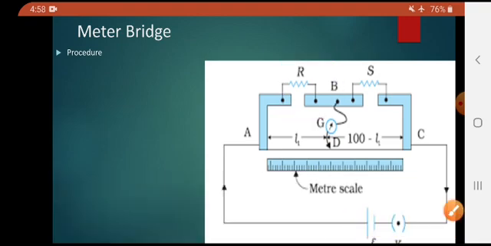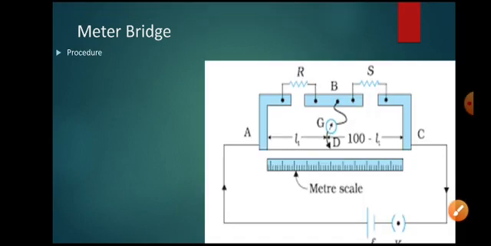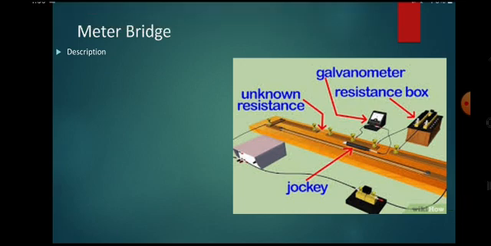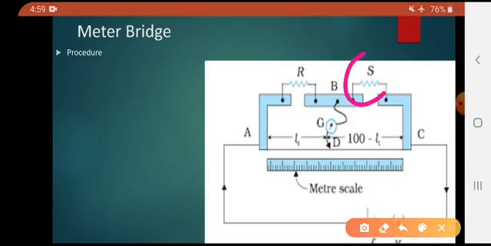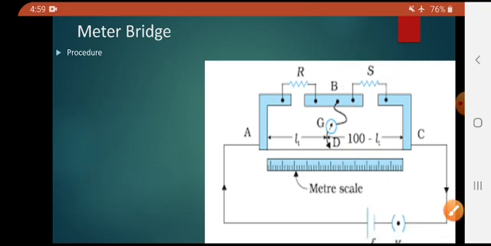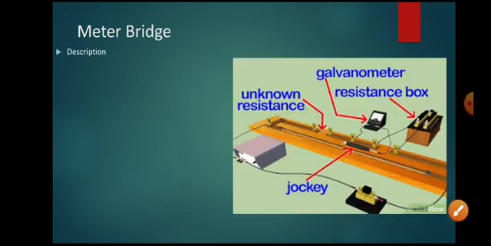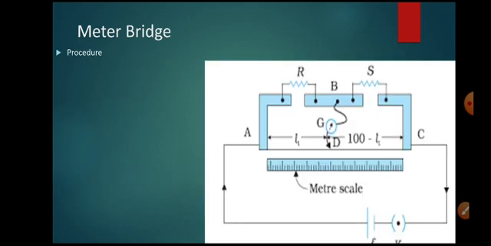In this gap 1, the unknown resistance is connected. In between the B and C strips, gap 2, the known resistance is connected by using a resistance box. This is the resistance box. By using the resistance box, we are connecting the known resistance in gap 2.